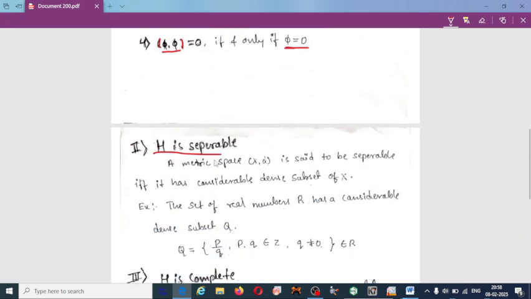H is separable. That means Hilbert space is separable. Let us define when this is possible. Let us take a metric space.